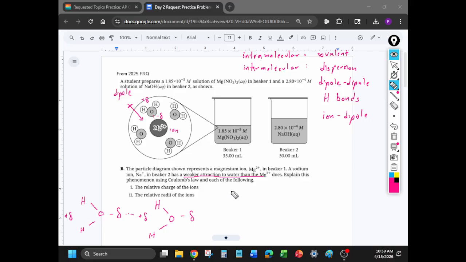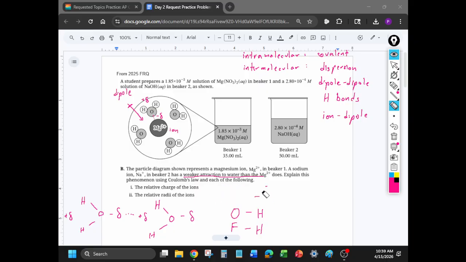It only occurs when you have a very electronegative element next to hydrogen. It's going to be N, O, and F. So if you have one of these bonds connected to the rest of the molecule, it's going to create a very strong partial positive right here, which will interact with other dipoles. Okay, so that's kind of the information.